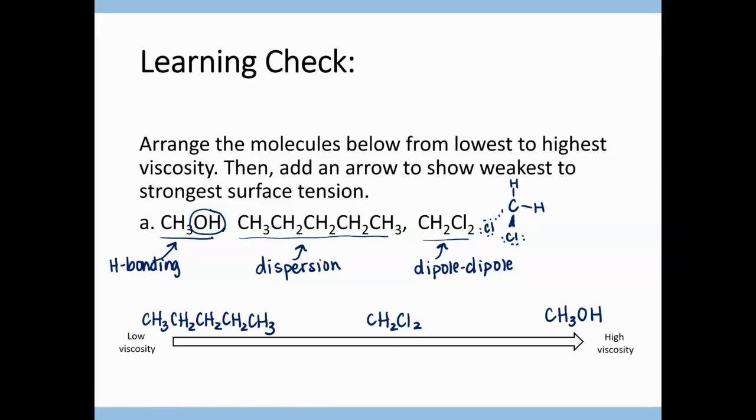Molecules with strong intermolecular forces also have higher surface tension. So on the right side, we have high viscosity and stronger surface tension. And on the left, we have low viscosity and weaker surface tension.